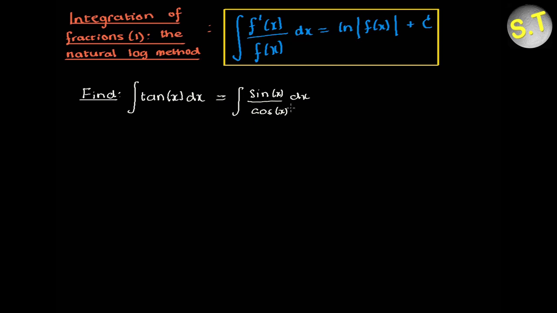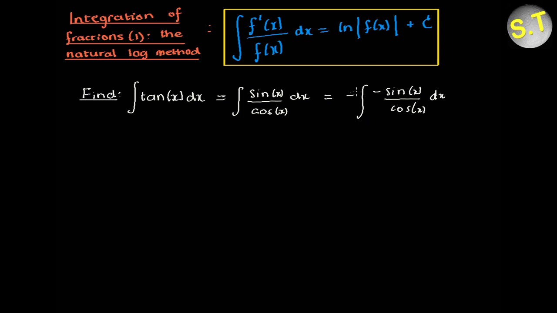However, the derivative of cosine of x is minus sine of x. So in order for us to have minus sine of x on the top, we need to pull out or add in a minus sign here.